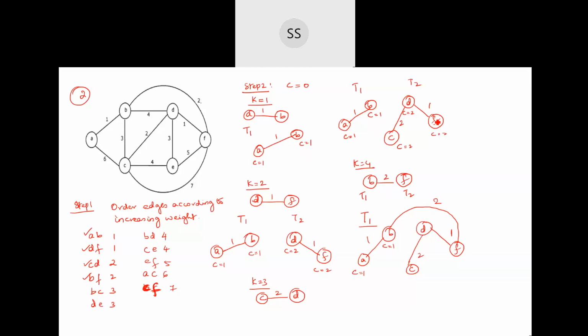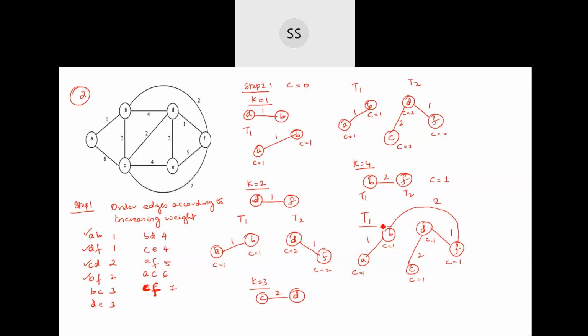When we combined, they belong to T1. So the component value will decrease. The component value C2 became C1. So what should be the value of all the components? It has to be 1. That means all of these vertices are belonging to the single tree T1.